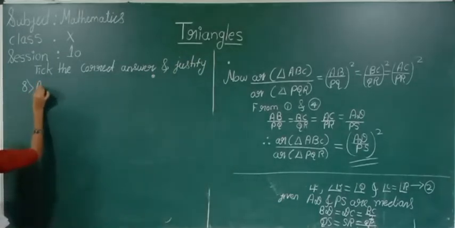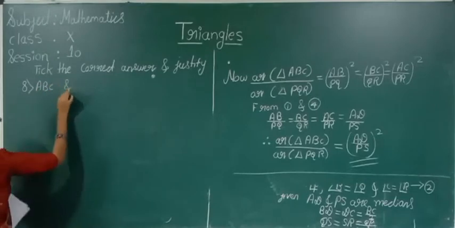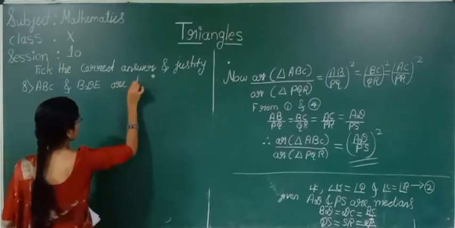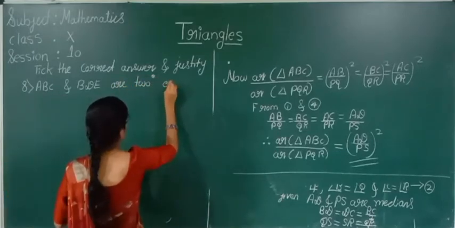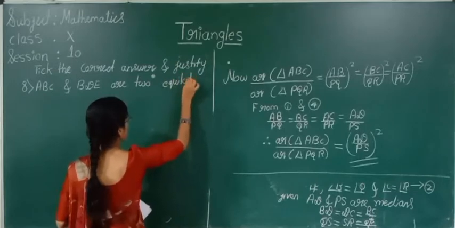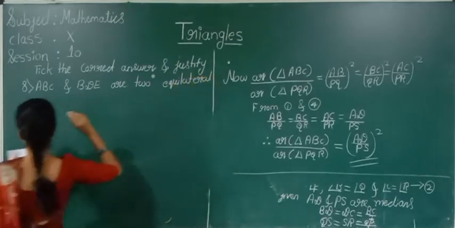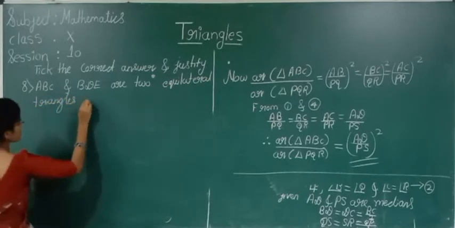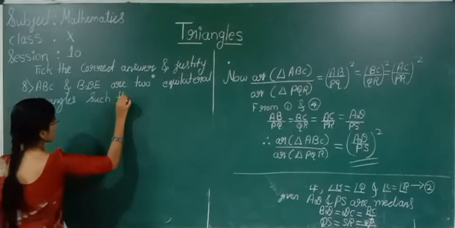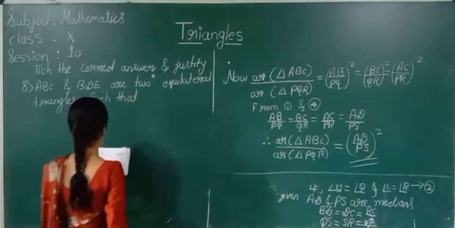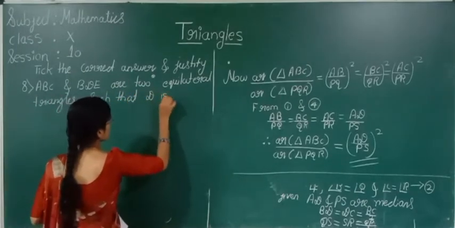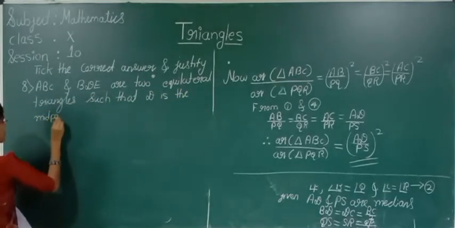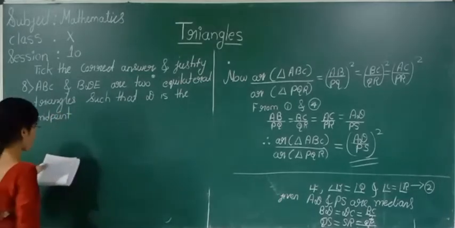ABC and BDE are two equilateral triangles such that D is the midpoint of BC.